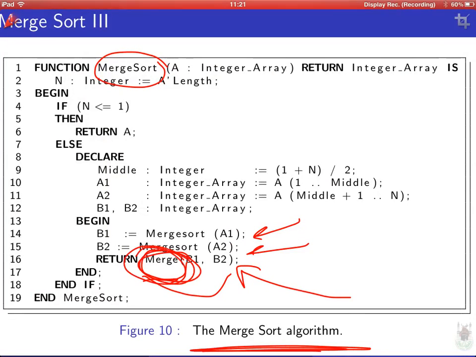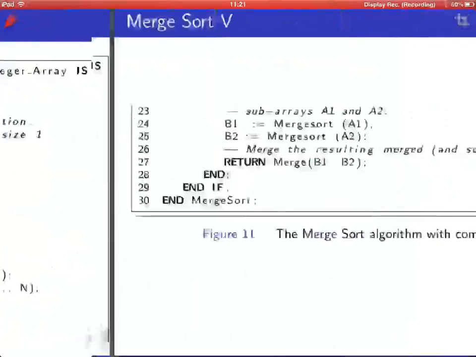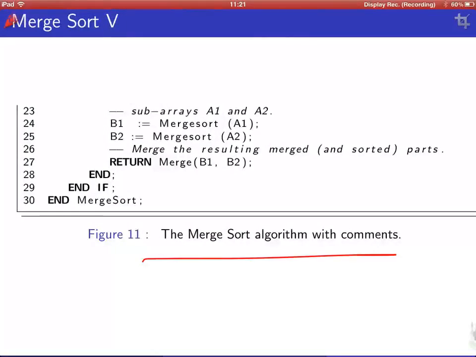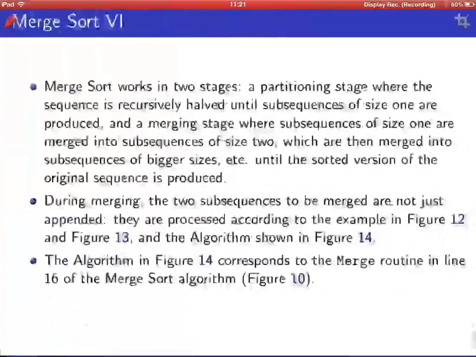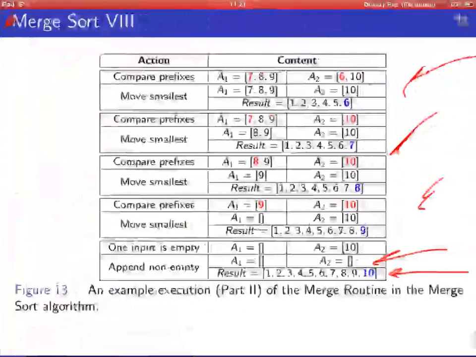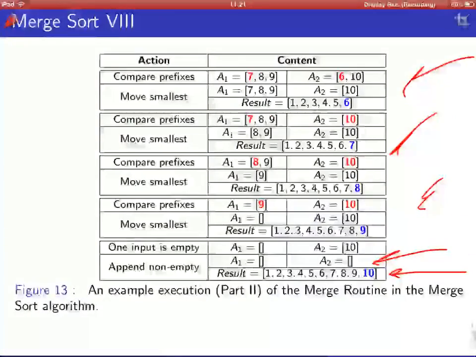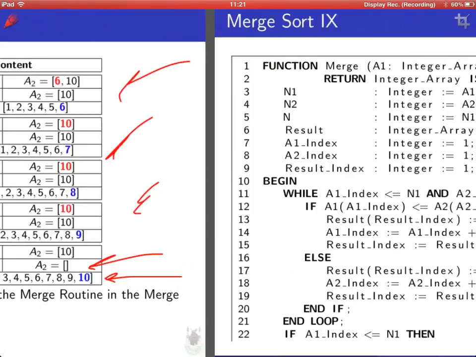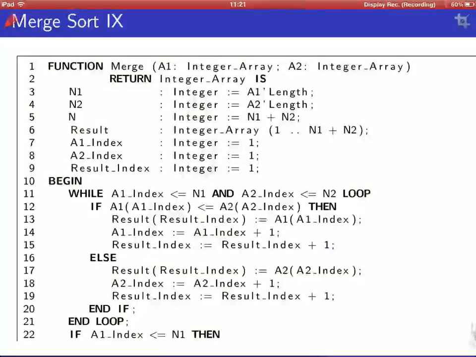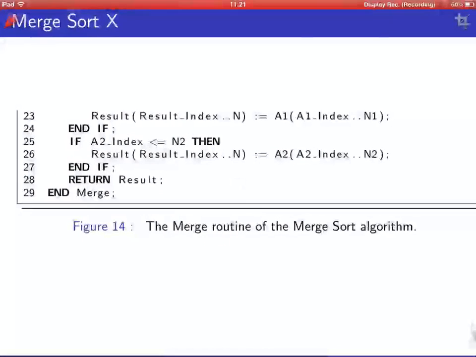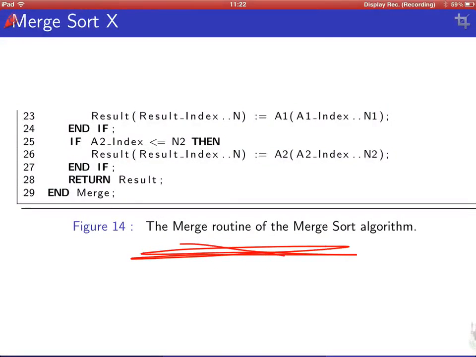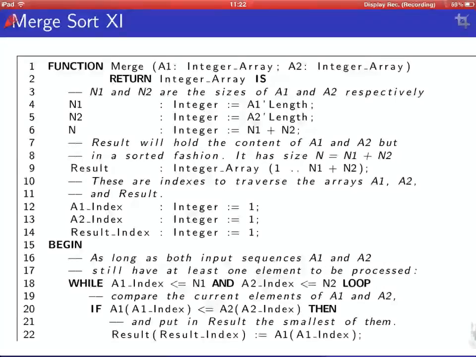I'm just looking for the next thing. That's the problem with merge sort, that we need extra space. Because if you look at the algorithm again, where is the algorithm again? There it is.